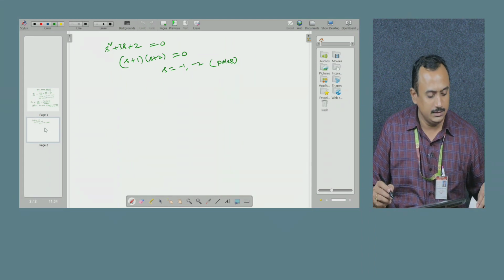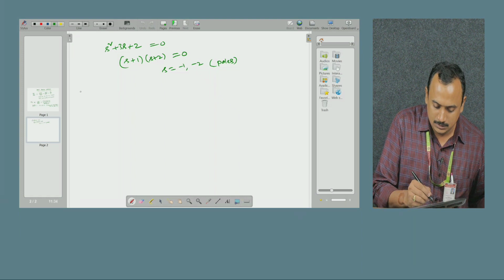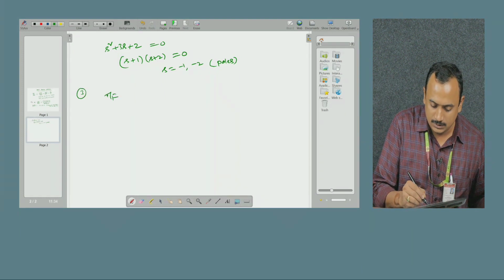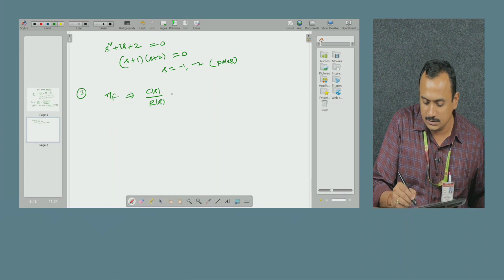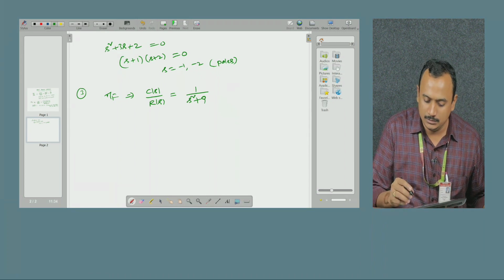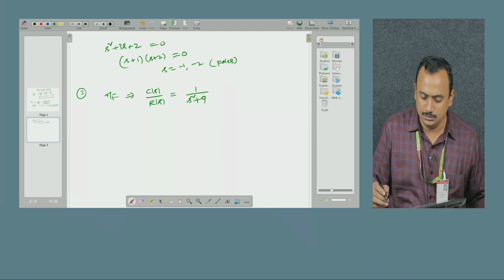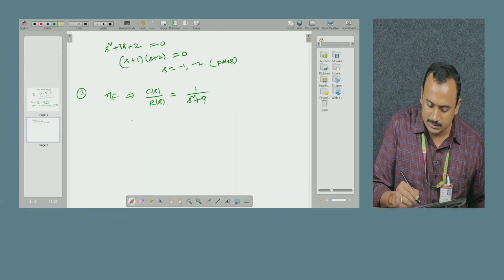Now let us see another transfer function, which is the third one. The transfer function is C(s)/R(s) = 1/(s² + 9). Now if you look at this transfer function, it does not have any zeros, and let us see the poles.